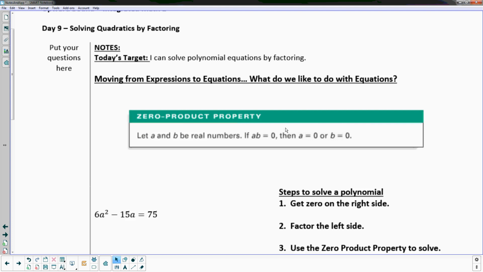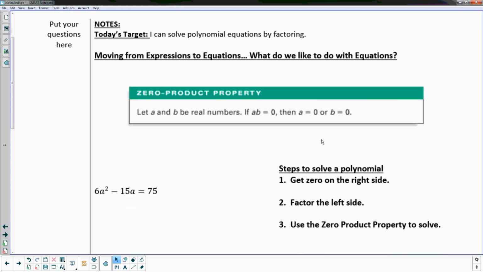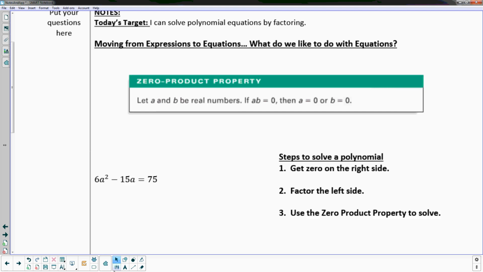We say in that case that A equals 0 or B equals 0. Now that could mean they're both 0. That's always the case in math: whenever you see or, it's really an and/or in that position.